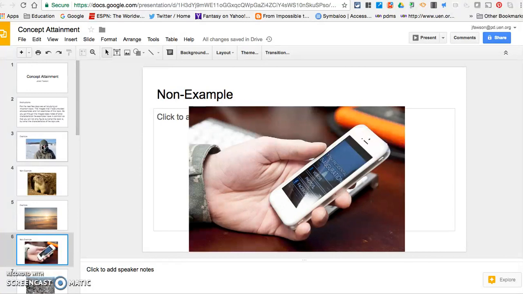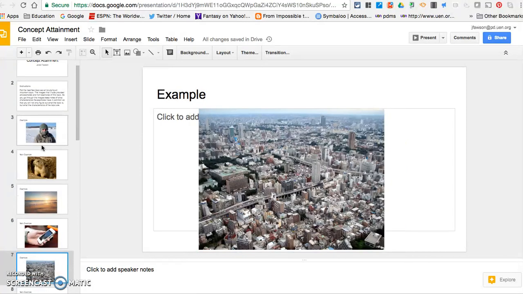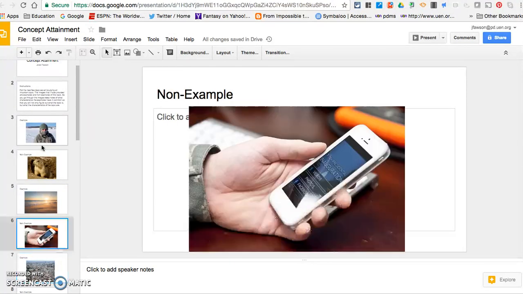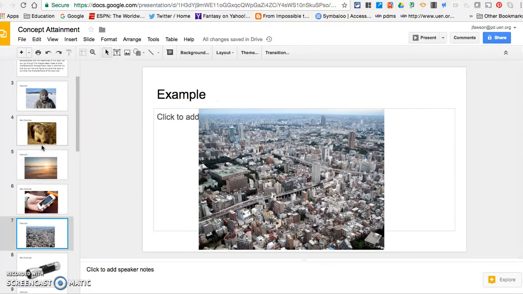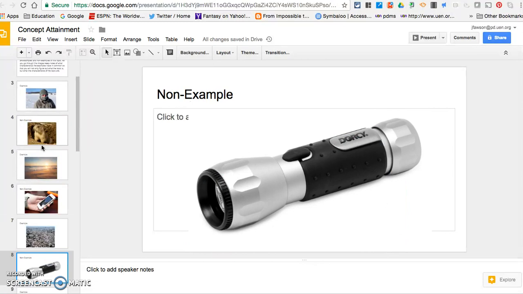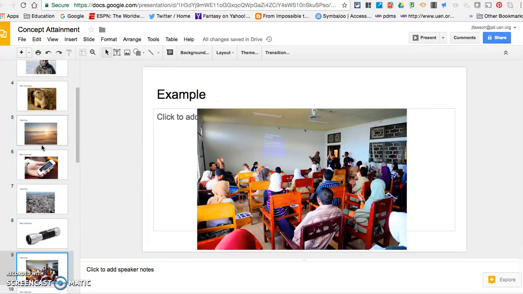Next, non-examples of a cell phone. And then our example is of a city, a really big city. And so, again, this is going to require a lot of critical thinking to figure out how our really cold place, the beach, and the city are all related. Okay, next we have a non-example of a flashlight. Not really going to help out with our examples.